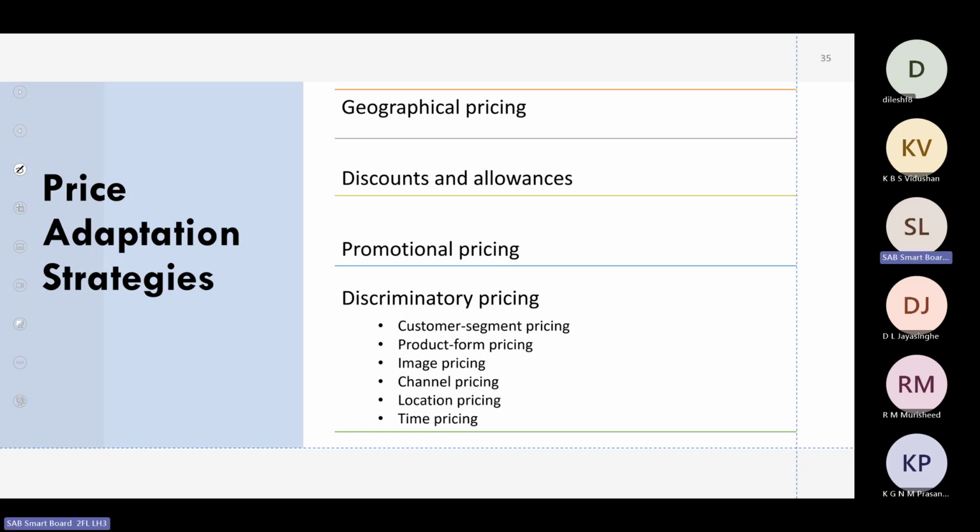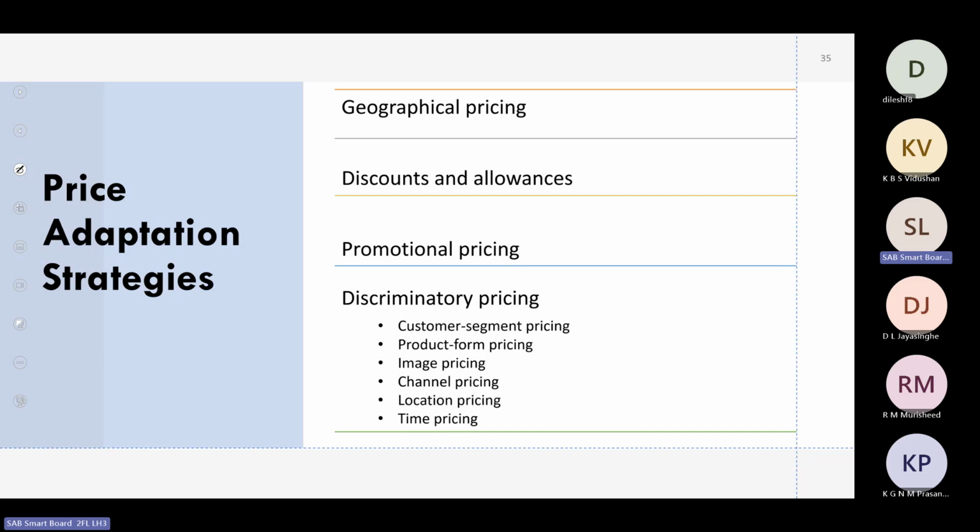The channel pricing is based on the distribution method that we get exposed to; we might be charged different prices. That is what comes in channel pricing. Then location pricing: for the same service or the same product, based on where we are buying it or experiencing it, we might be charged different prices. This is the time pricing, depending on the time that we are buying a particular product.